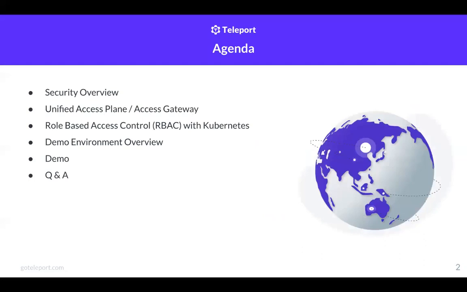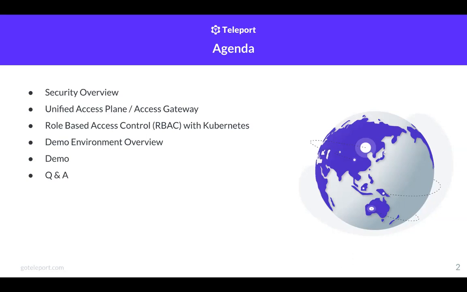Here's the agenda for today's webinar. I'll first start with a high-level overview of security, discussing attack surfaces, security architecture, zero trust concepts, and tying those into how you might approach securing Kubernetes workloads.